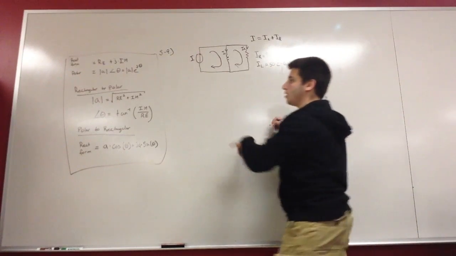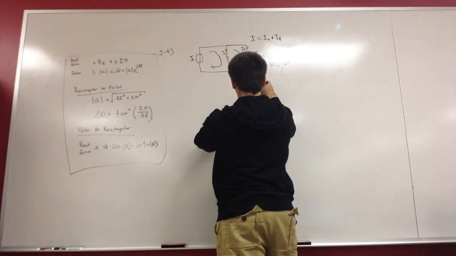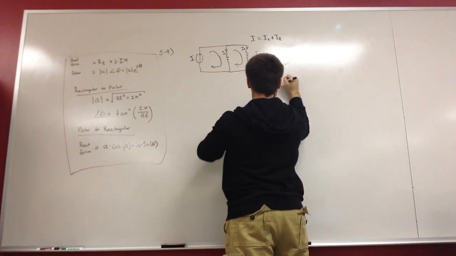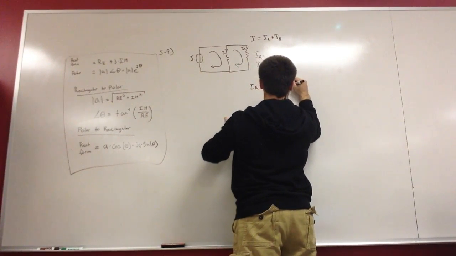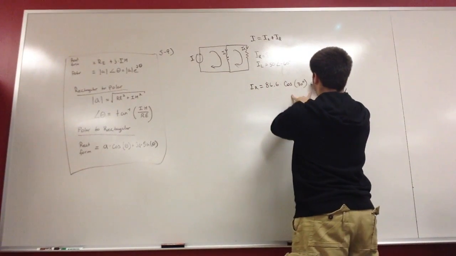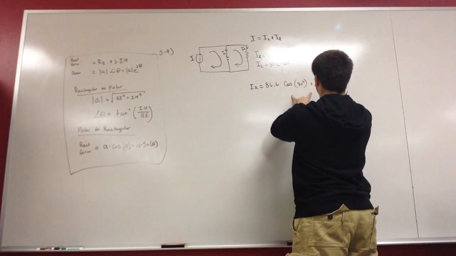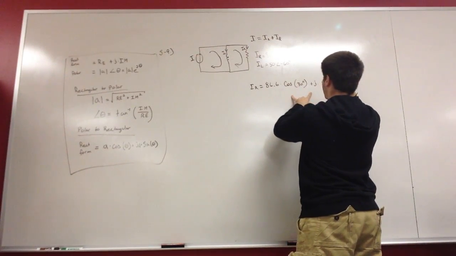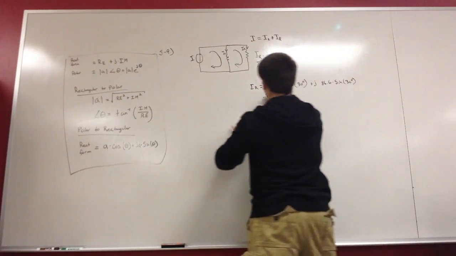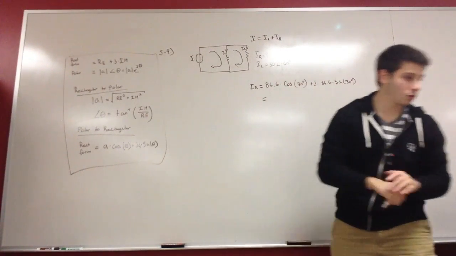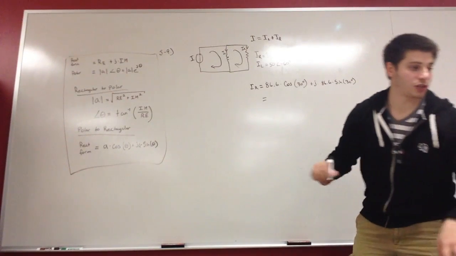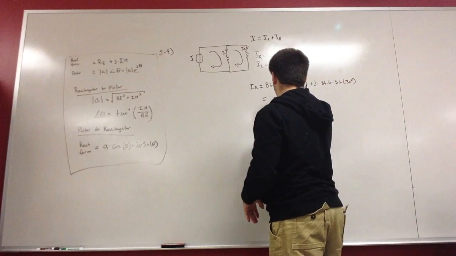I sub R is equal to 86.6 times the cosine of 30 degrees plus j times 86.6 times the sine of 30 degrees. This is equal to 75 plus 43.3j.